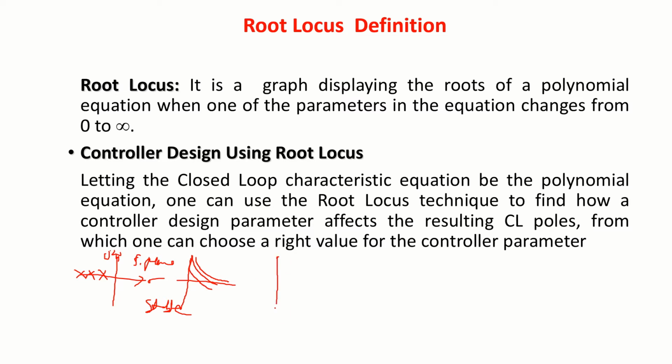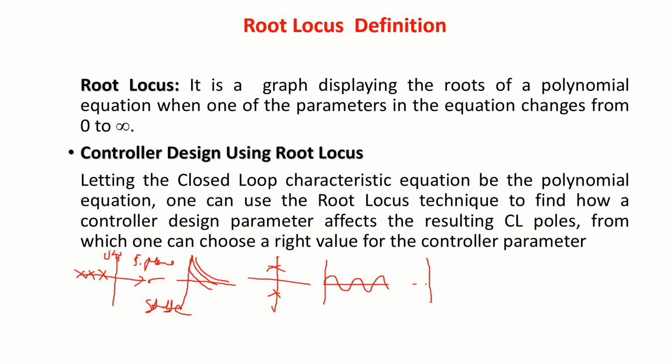So it is something you can say the speed of response changes. And by chance, if you have roots on the imaginary axis like this, you have seen the system oscillates continuously with constant amplitude.